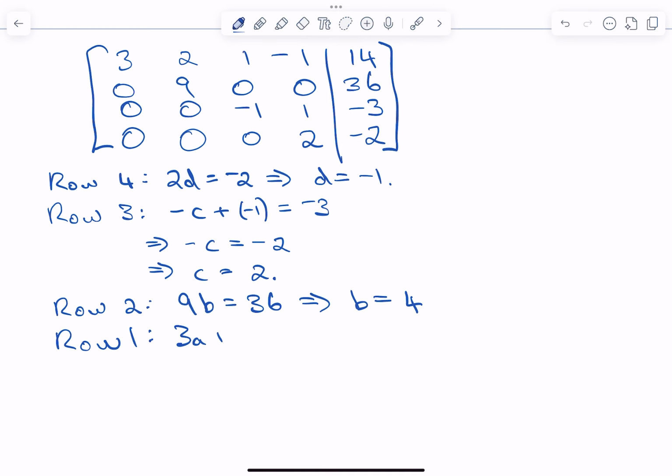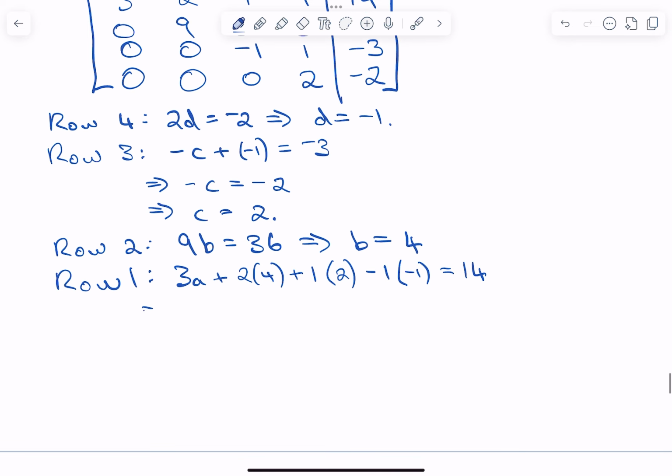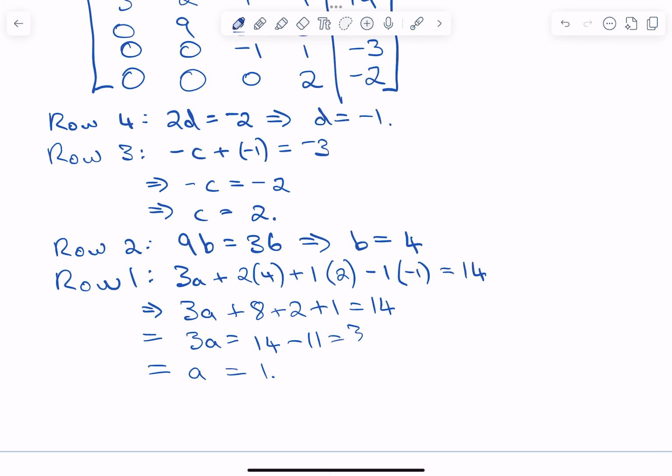We have 3a plus 2b, or 2 times 4, plus 1c, or 1 times 2, minus 1d, which is minus 1, equals 14. Cleaning that up a little bit, we get 3a plus 8 plus 2 plus 1 equals 14. Or 3a equals 14 minus 11, which is 3, which tells us that a is equal to 1.